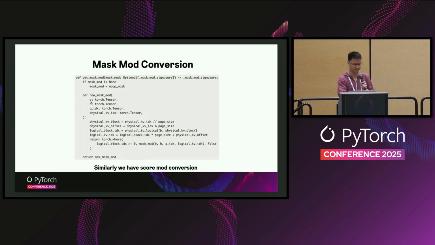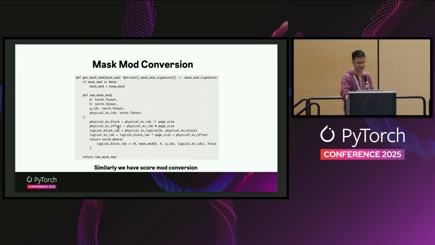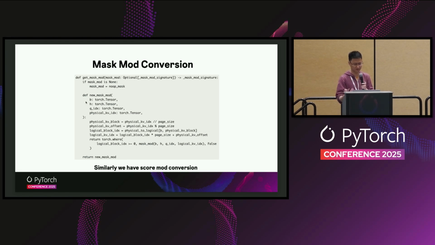It takes the batch index, head index, query index, and the physical KV index, right? Based on this physical KV index, we can do some index computation and map it back to the logical KV index. After that, we just call the original user-defined mask mode on this logical KV index, and return this converted mask mode, right? Then it could just work out of box. Similarly, we have the score mode conversion.